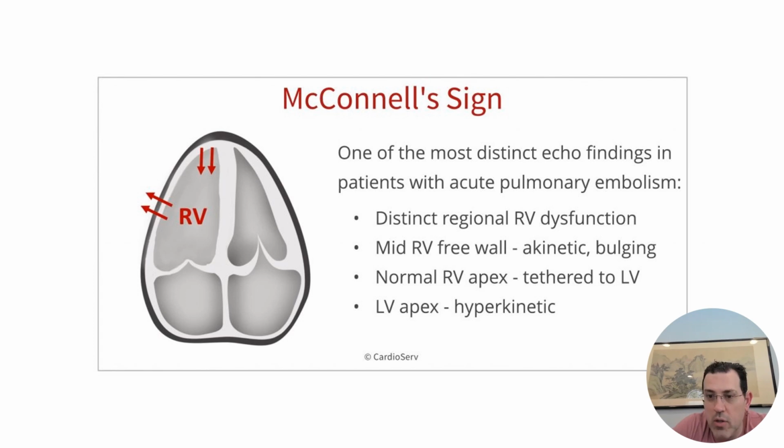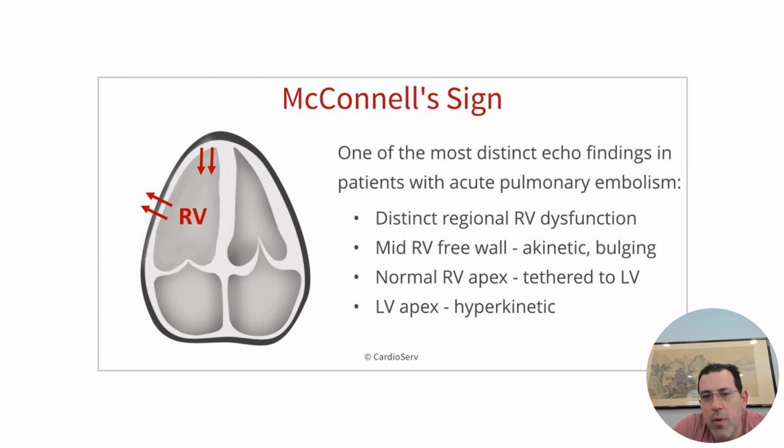And this gets overstretched and it goes into failure. And so it starts to actually bulge out. And that's what happens with an akinetic wall in the myocardium. It bulges out. Either it bulges out or it just doesn't contract at all. But then the interesting part here is in addition to this bulging out and not contracting, this appears hyperkinetic. It appears to just bump up and down, up and down, up and down.